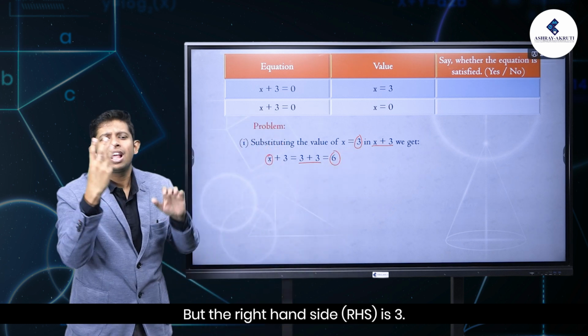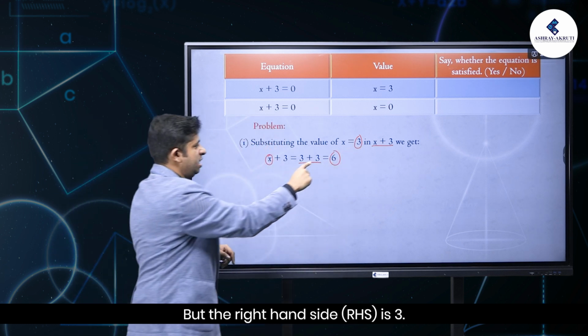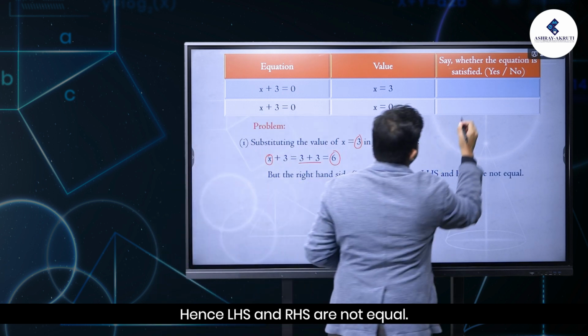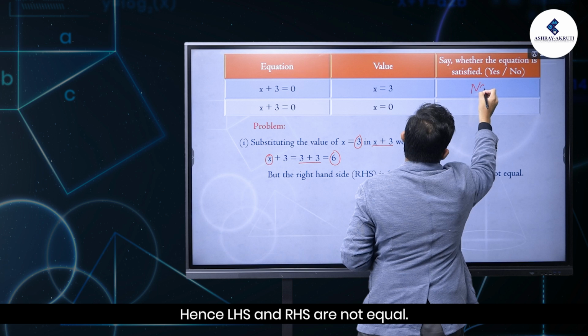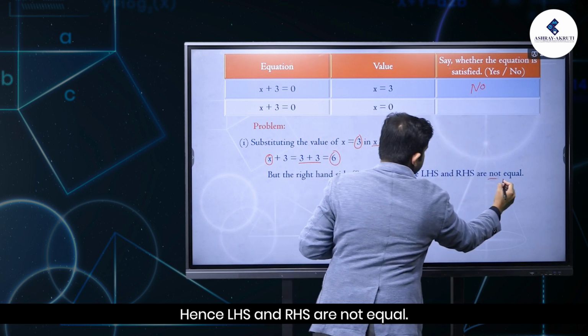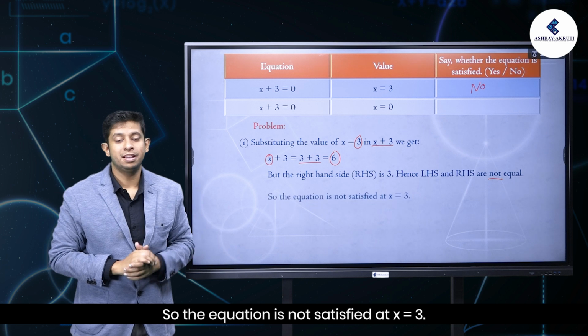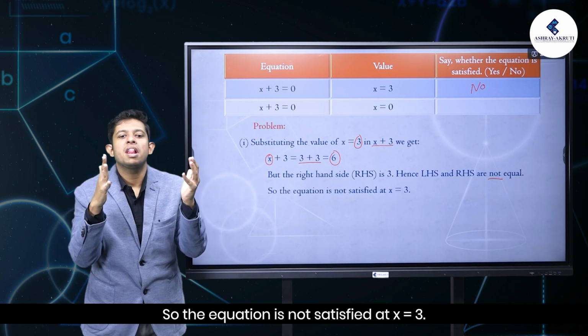But the right hand side is 3. Hence LHS and RHS are not equal. So the equation is not satisfied at x equals 3.